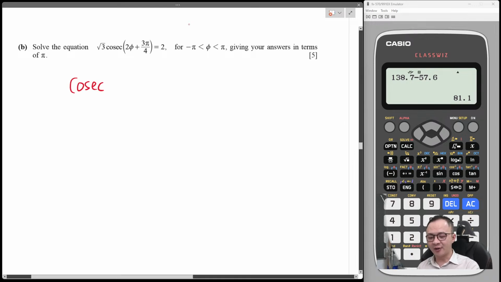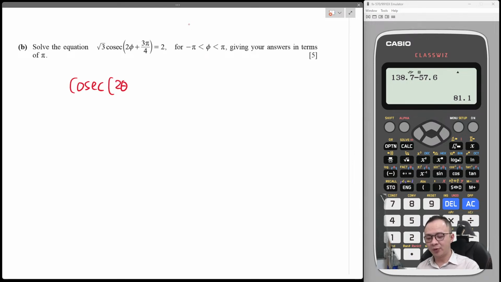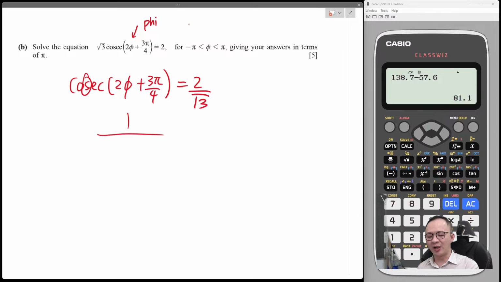So this is cosecant. This one I think is theta at 5. Okay, so you must have heard me say something like 2.5, because this one actually is theta at 5, and then equals to 2 over root 3. Second, third letter is S, right? So this is 1 over sine of 2.5 plus 3 pi over 4 equals to 2 over root 3.